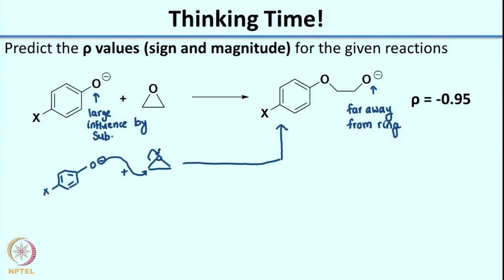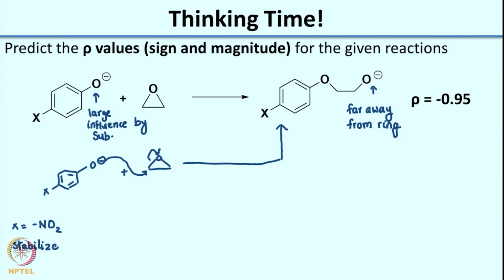So now let us think about this carefully. When I look at my reactant, if I have a substituent which is electron withdrawing, so let us consider say X is equal to NO2. What would it do to my reactant? If I have X is equal to NO2, it will stabilize my reactant.